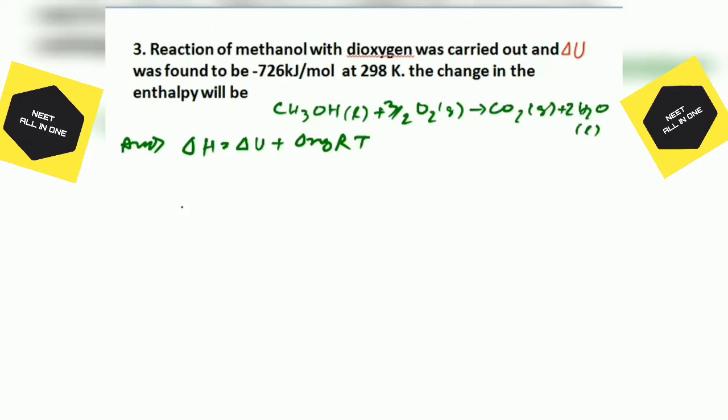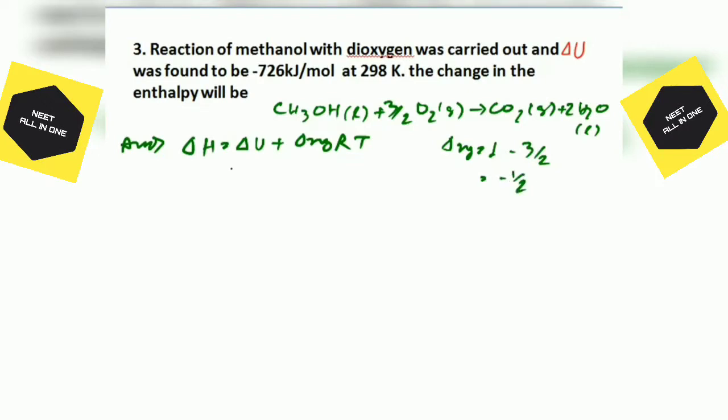So here let's apply del ng. That will be 1 minus 3/2, so del ng will be minus half.